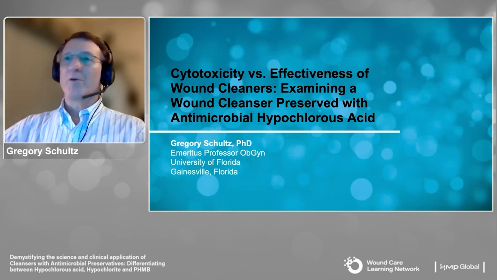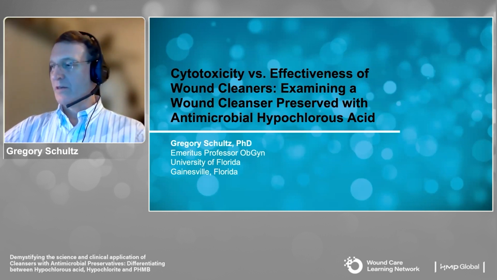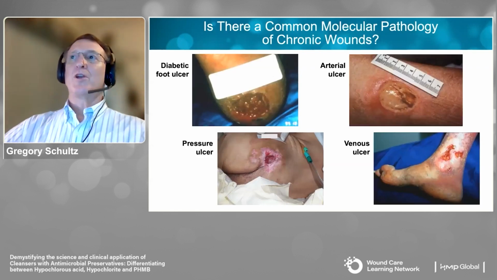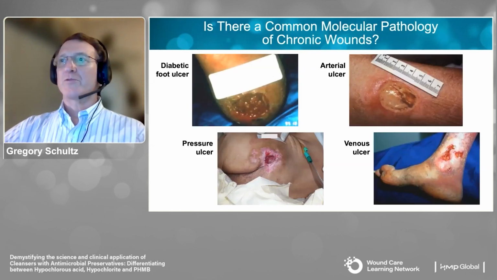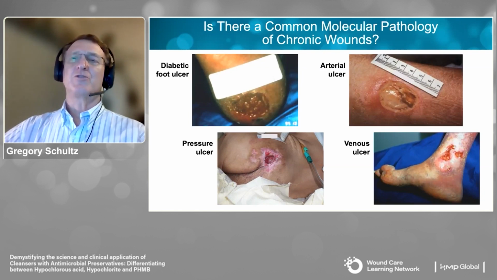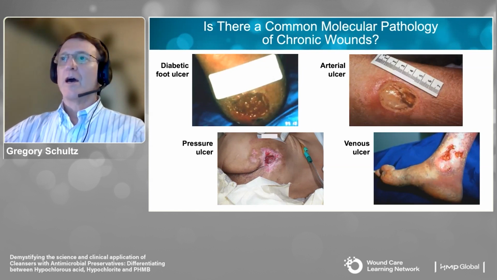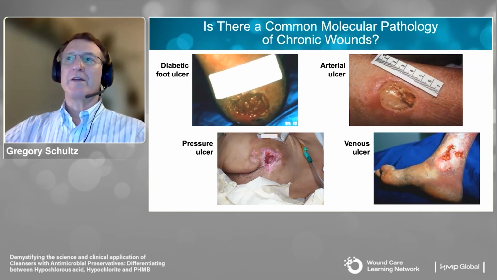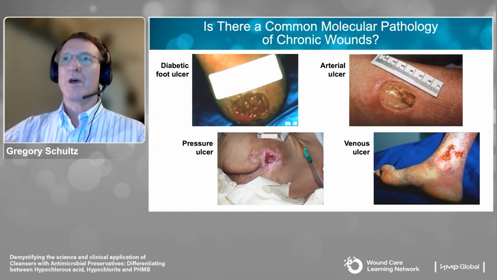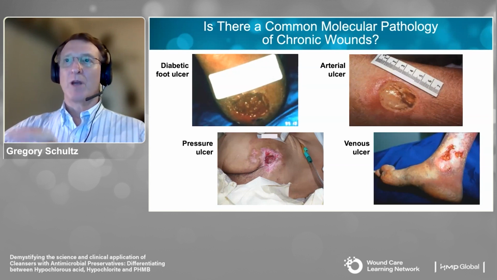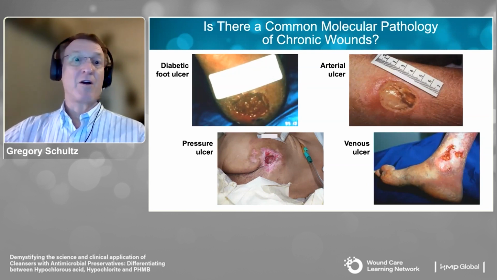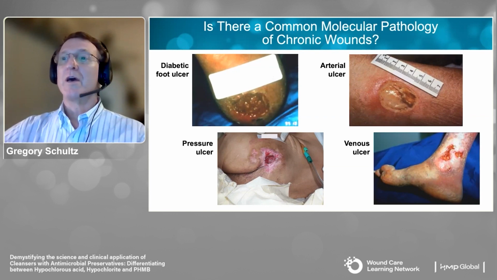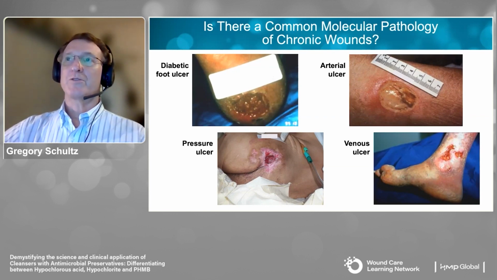So starting with the cytotoxicity versus effectiveness aspect, if we look at these four major types of chronic wounds, obviously, as you know, there are different comorbidities and etiologies that combine to create these chronic wounds. But when we look at them at a molecular and cellular level, they're actually a lot more similar than they are different from what you would see and think from these different appearances.